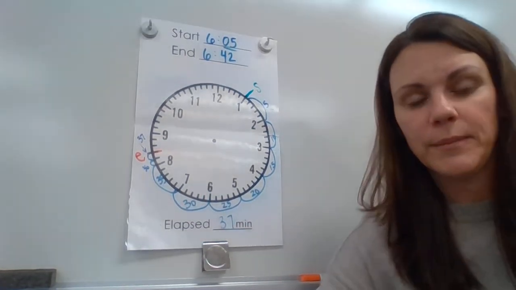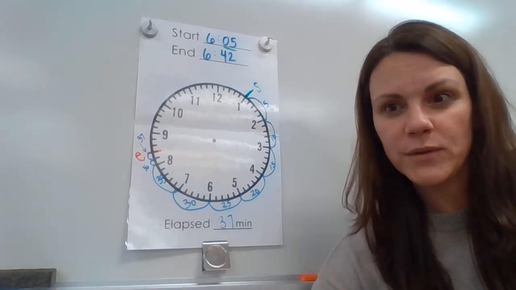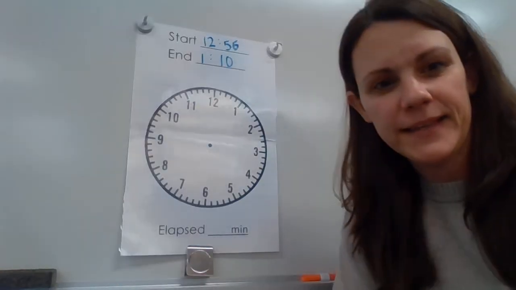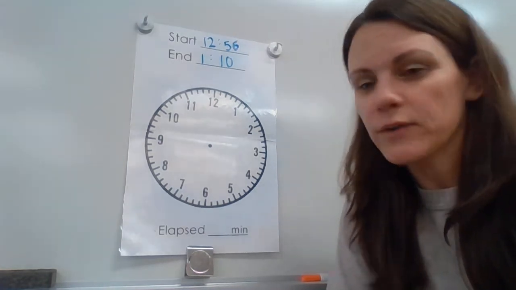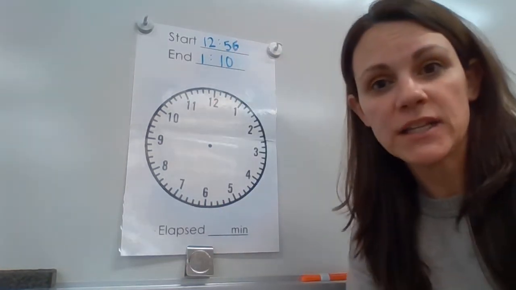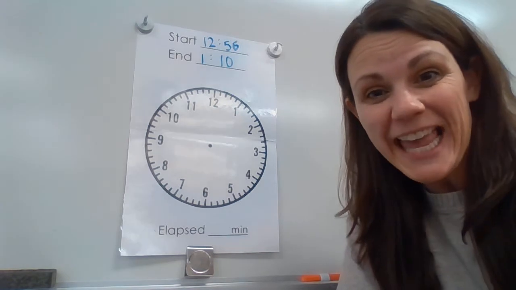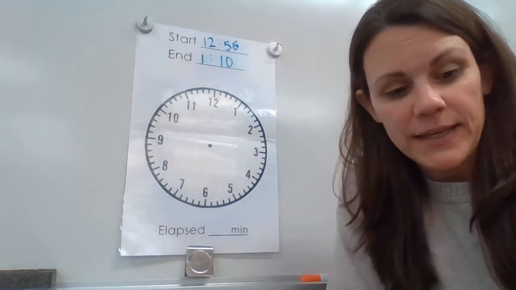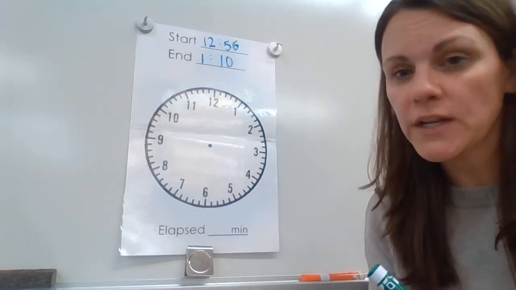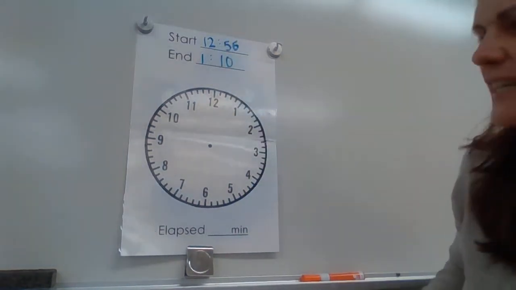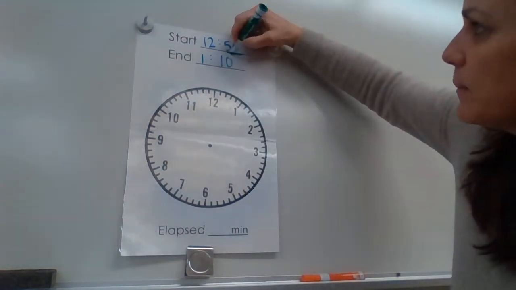I'm going to hang on there for one more example. Okay, last one that we're going to do on the video together. So we've got 12:56 as our start time, 1:10 as our end time. Let's see what we do. First, we mark our start time, 12:56. Oh, that doesn't sound like a big number.